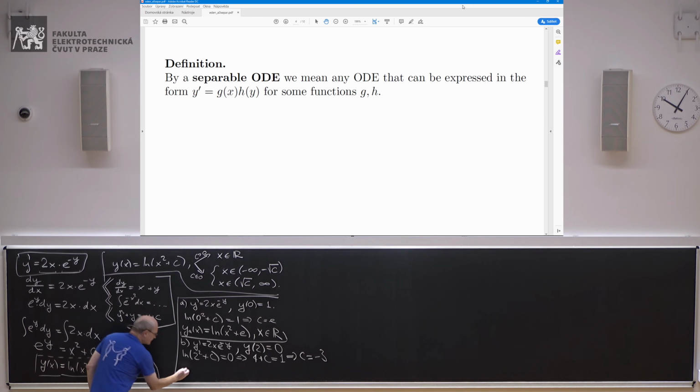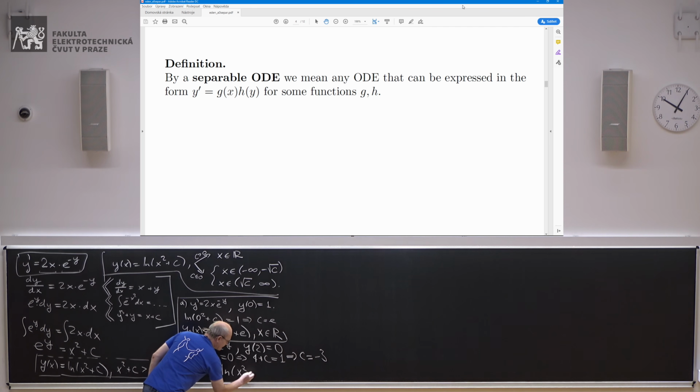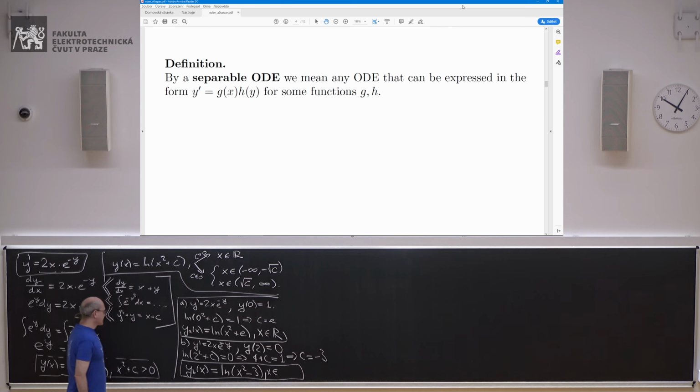And I get my solution, y_b, for part b. y_b of x is equal to logarithm of x squared minus 3, comma, and now it gets interesting. x belonging to the interval, let's see, here is my condition.